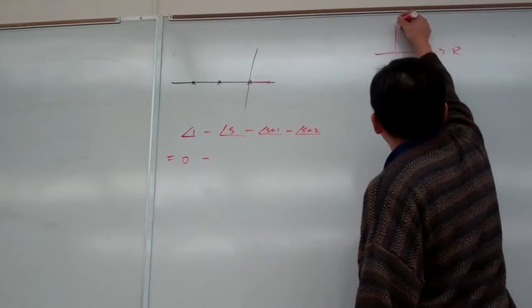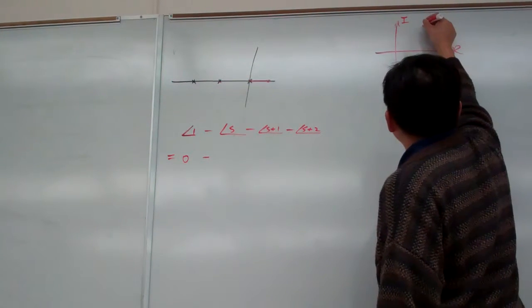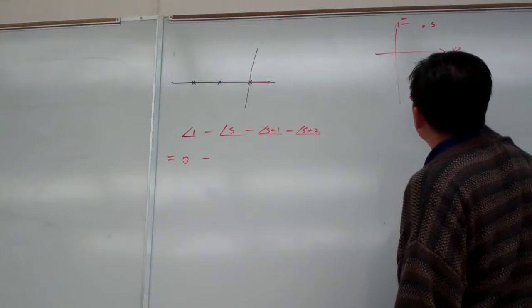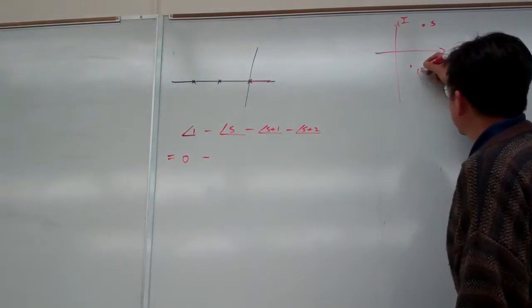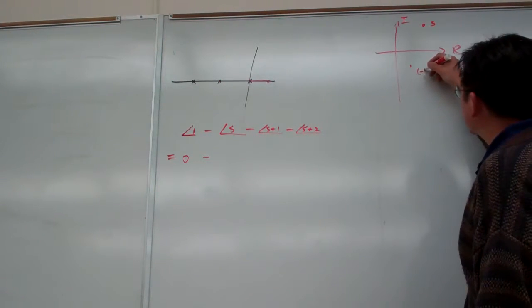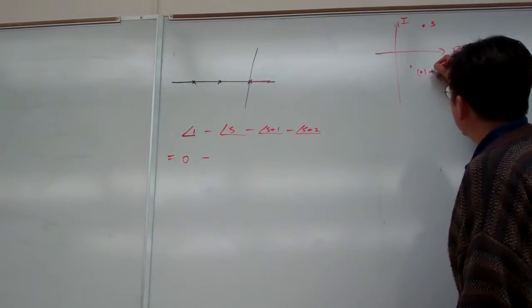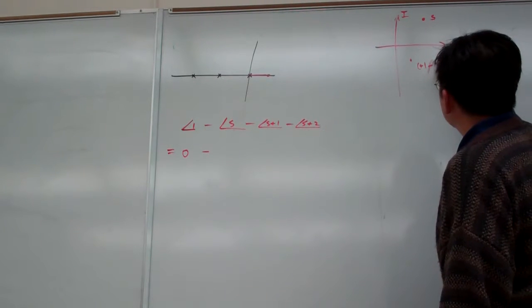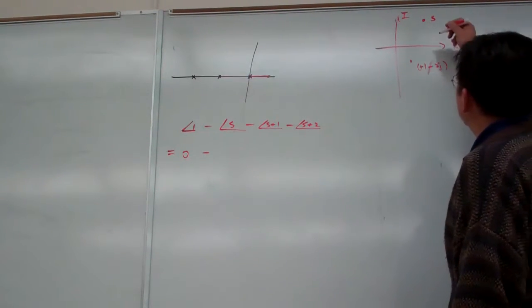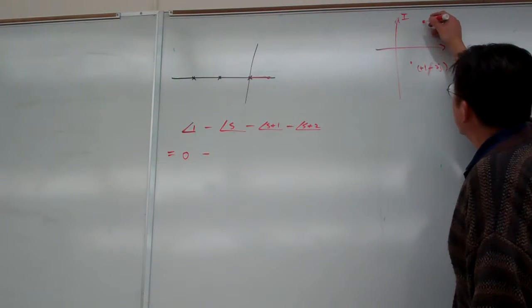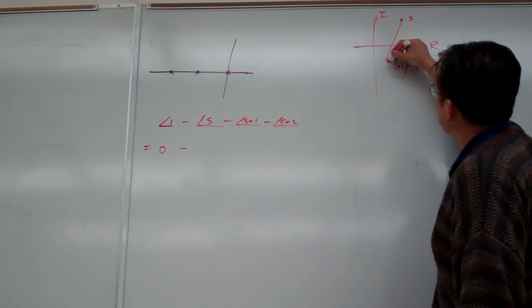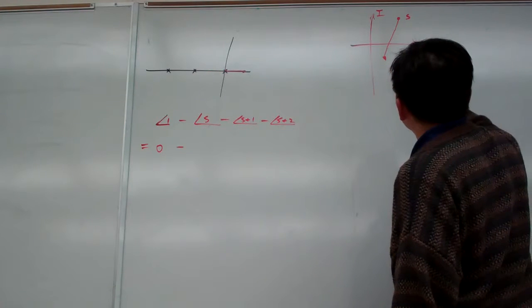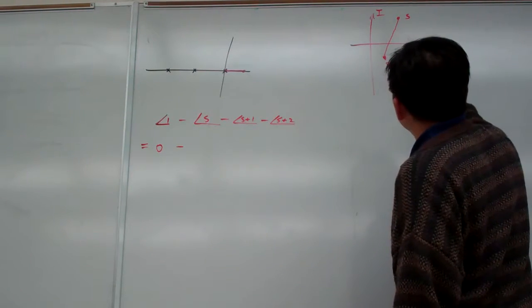So here is the complex plane. Say here is our test point, and here is our original, say minus 1 minus 2j. The phase angle between the two, basically what you do is this: you start from here, so say this is s equal to a.